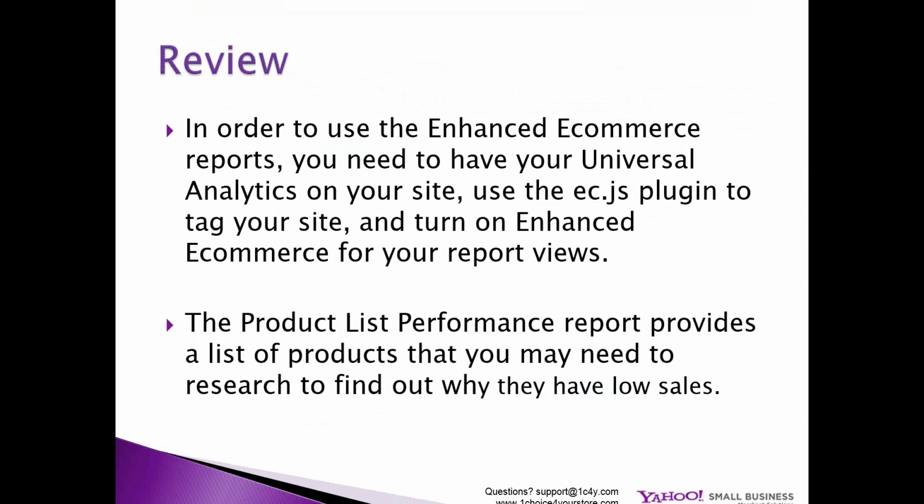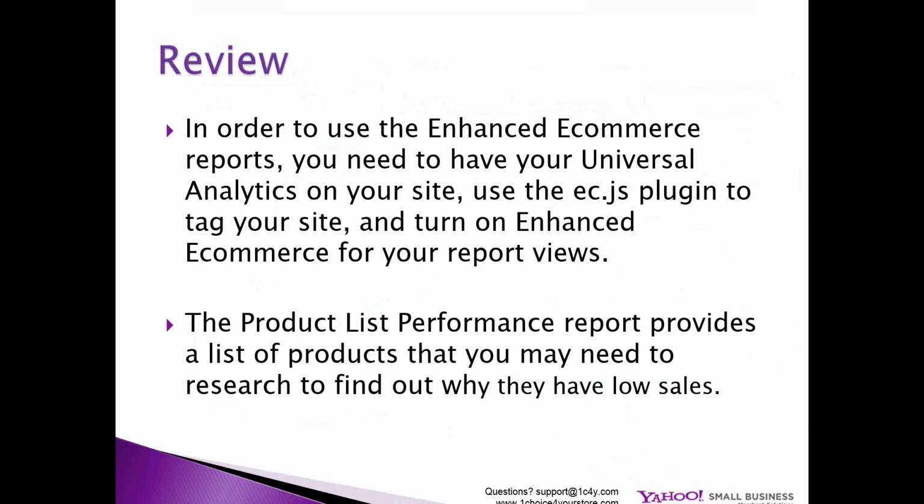Now, if you're working your way through the test, here are a couple of things to make sure that you know. In order to use the enhanced e-commerce reports, you do need to have Universal Analytics on your site and use the ec.js plugin to tag your site and make sure you turn on enhanced e-commerce for your report views.